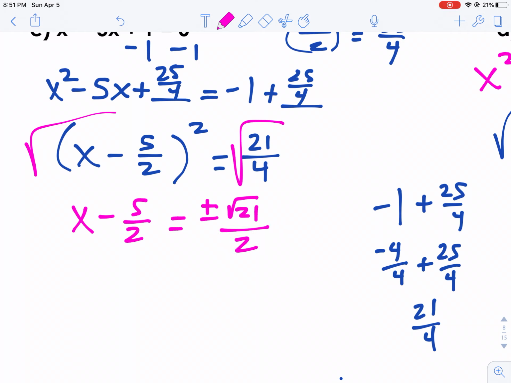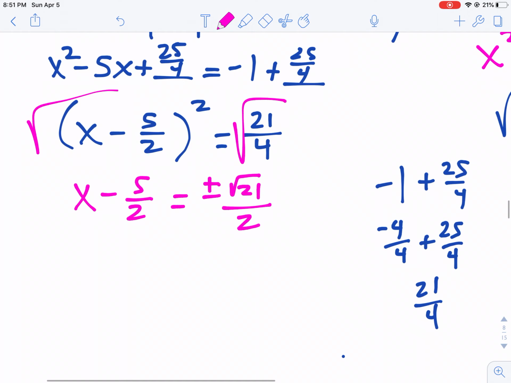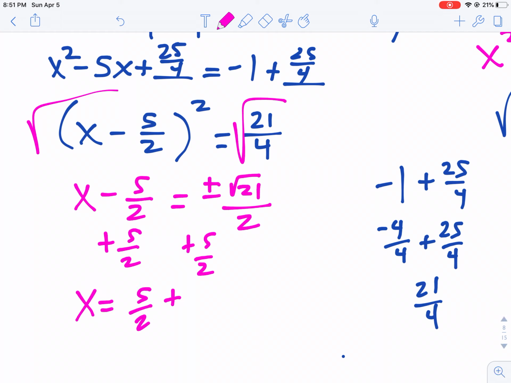So we can rewrite this as plus or minus root 21 over 2. If you had written it as a decimal, you wouldn't necessarily be able to write it this way, and it makes your answer less accurate. Okay, our last step would be to add 5 halves to both sides. So we would have positive 5 halves plus or minus root 21 over 2.